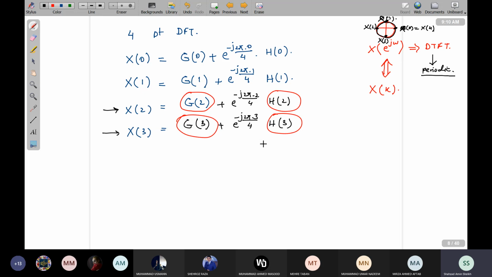So we can write that G of K plus n/2 is equal to, by definition, G of K, and H of K plus n/2 is equal to H of K. So we will be using these equations.